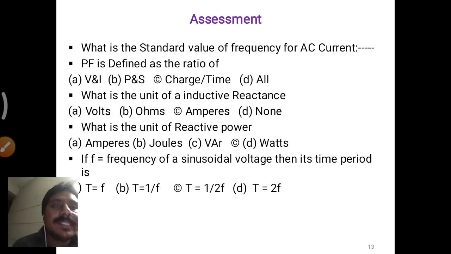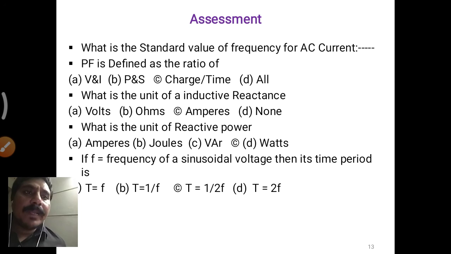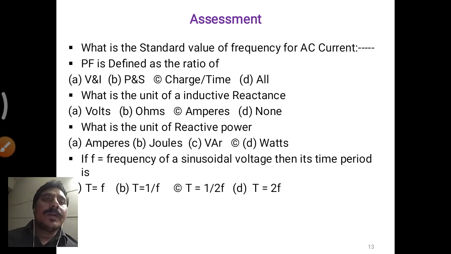Now coming to the assessment, before the assessment part, I want to highlight the discussion points in this class. In this class, we discussed active power. Active power is the power which is converted into useful work. Reactive power is the power which produces the required flux in the circuit.